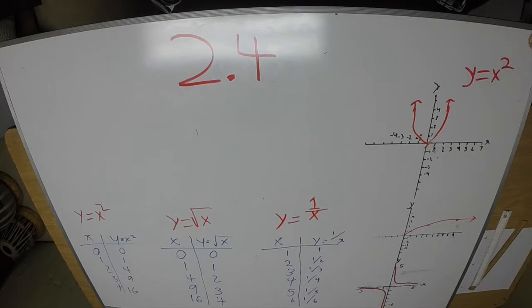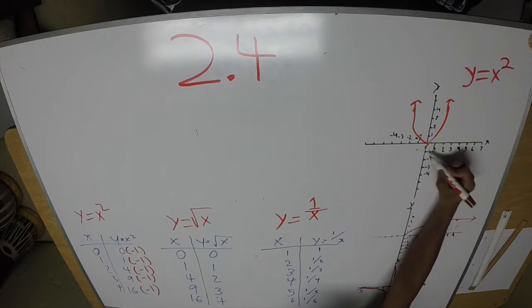And to do a reflection upon the x-axis, you must multiply all of your y values by a -1. Doing so, you essentially flip your graph upon the x-axis. So I'm going to draw that out here.